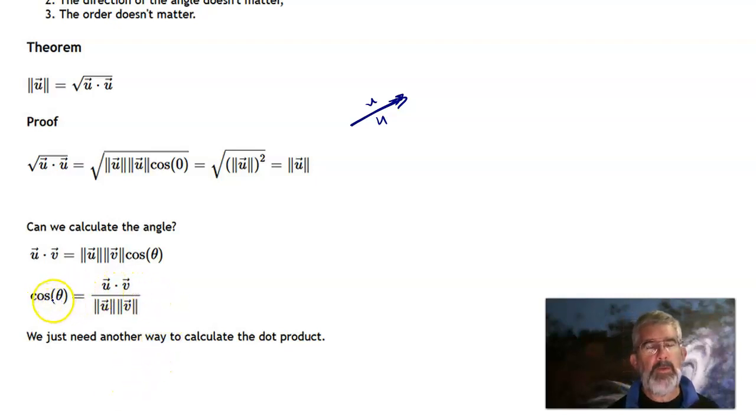But in order to use this, this is the dot product divided by the lengths. I would have to somehow know how to calculate the dot product other than knowing the lengths and the angle in between them. And this is why we're going to need an algebraic approach to doing the dot product. That's going to allow us to calculate this numerator independent of the lengths and the angle. So that's the topic for the next video.